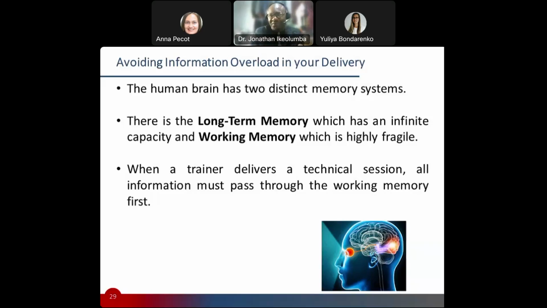And that's the problem for delivering training: as the audience is listening to us, it has to first get through the quite fragile working memory before it is stored in the longer-term memory. Now, that's the problem when you are delivering something technical. Your job is to make sure that you allow the working memory, the quite fragile part of the memory, to accept the information, such that it can then get stored in the longer-term memory. And that's something to be very intentional about when you're delivering a technical training, right?